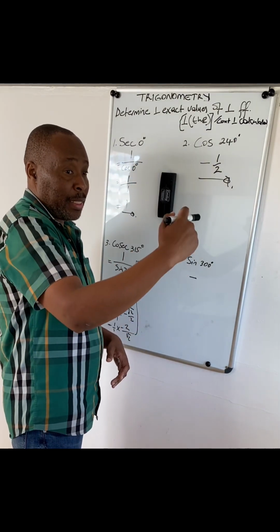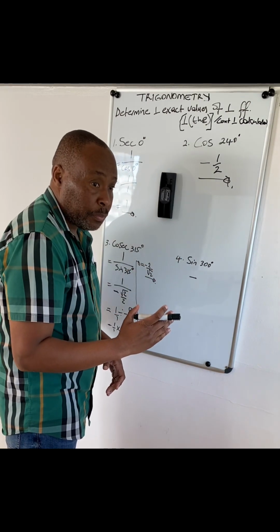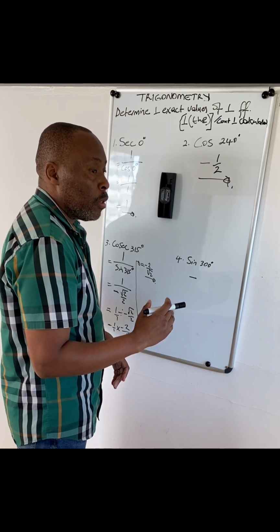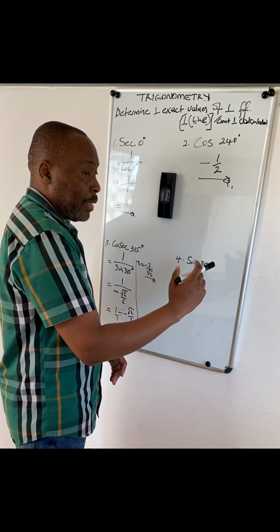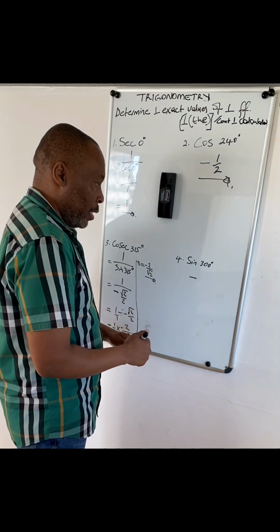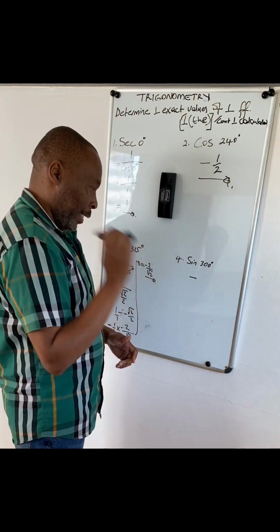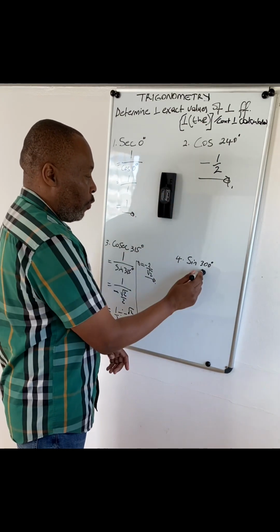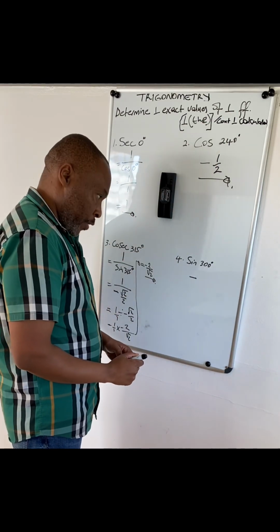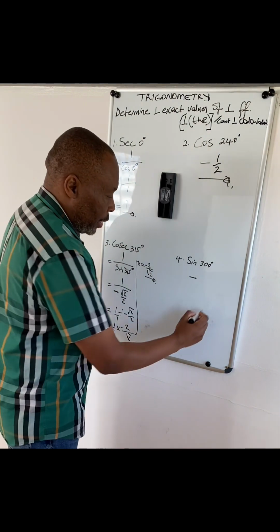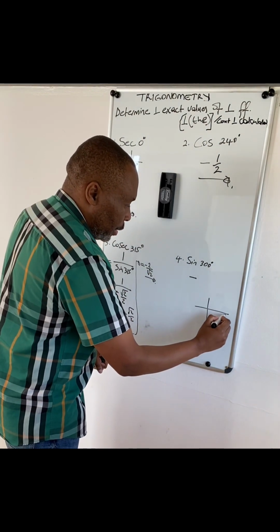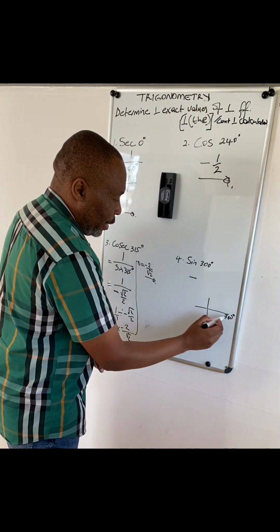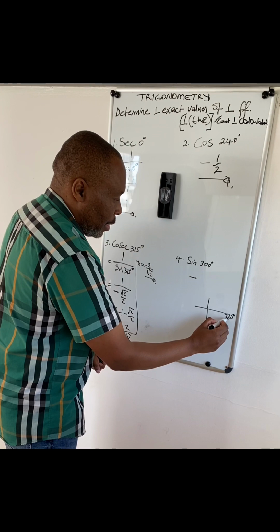If you say 360 minus 60, you will get 300. So we're using the 60-degree values to find the 300 values. This is 360 degrees here.